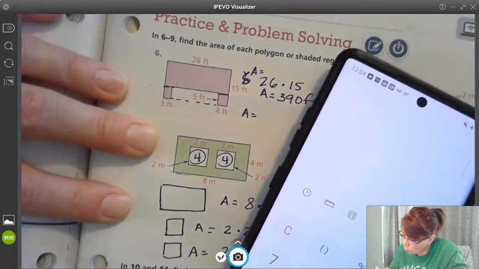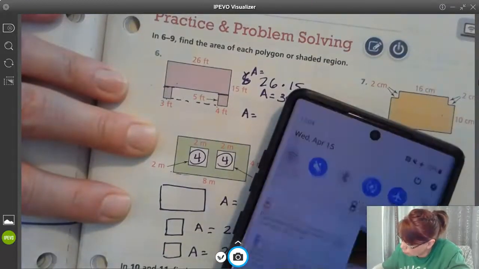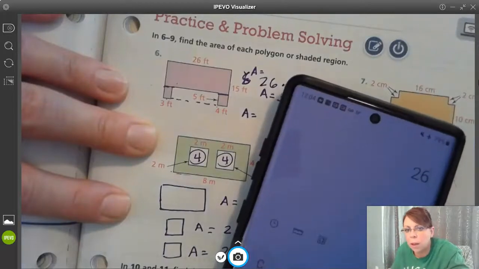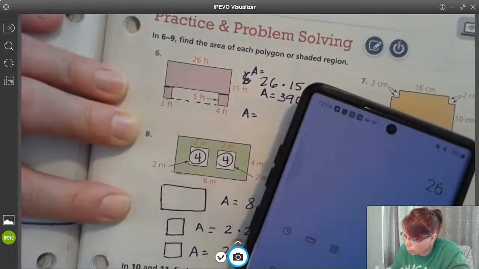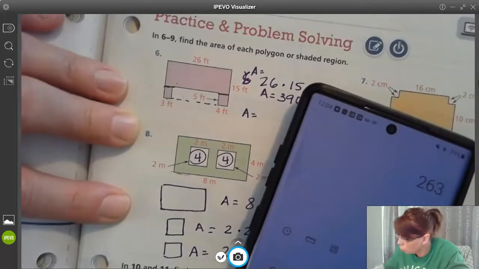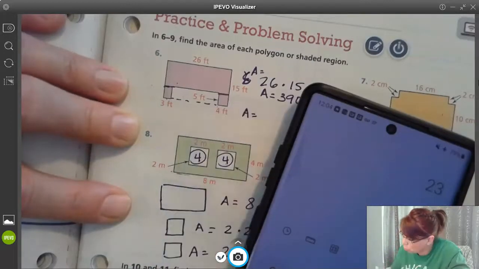So we're starting with 26. Let me lighten my screen for you. I think you can see it better when I do that. So 26 minus this little piece here, which is 3. Minus 3. And minus this little section right here, which is 4. So minus 4. So we get 19.